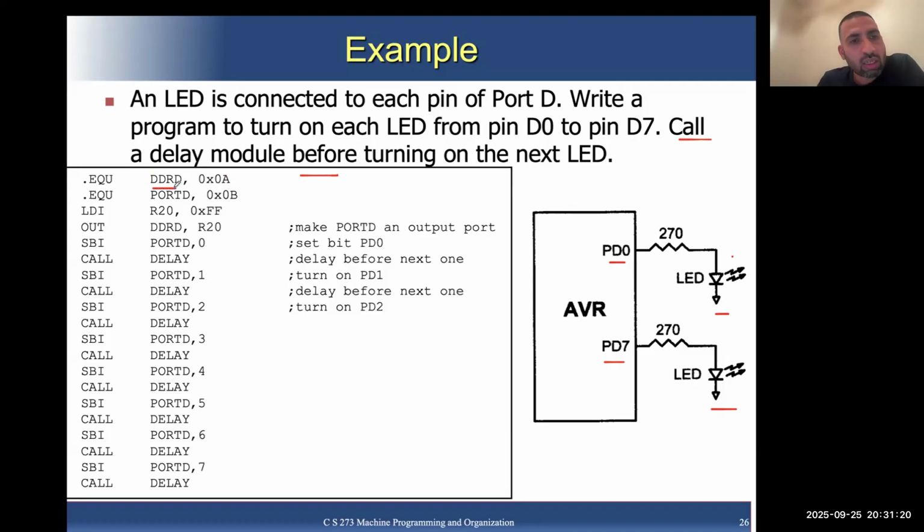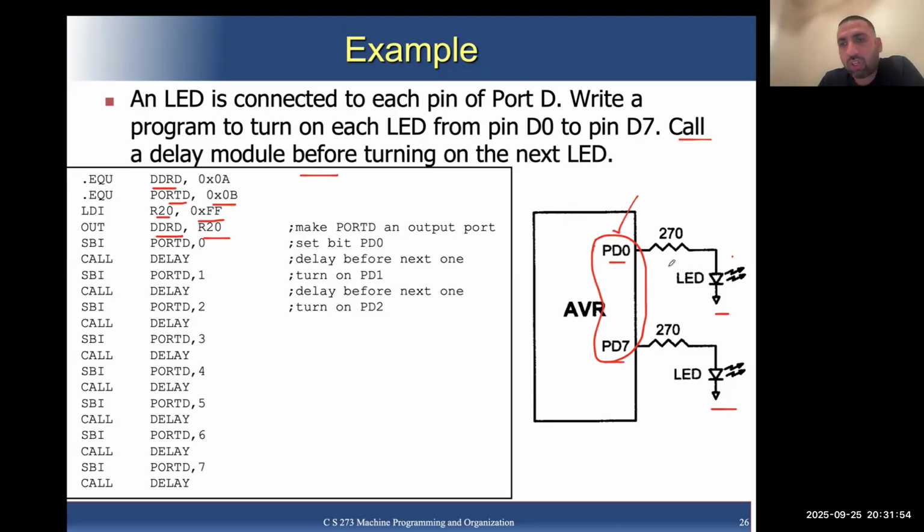We are using these equate directives to equate DDRD with 0x0A, which is the address of the DDRD register, the data direction register for port D. And we are equating port D to 0x0B, which is the address of the port D register. First we need to configure this whole port in output mode, so we are loading 0xFF in R20 and then sending R20 to DDRD. Now we are done with configuring the port in output mode.